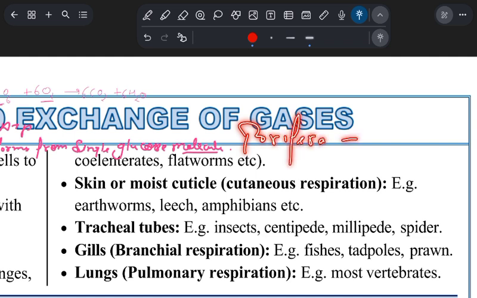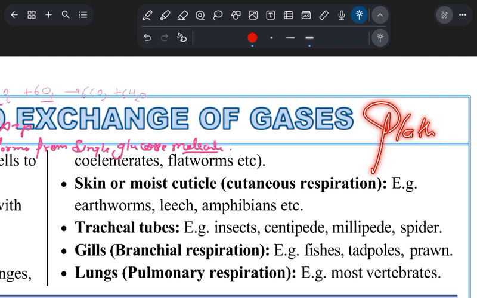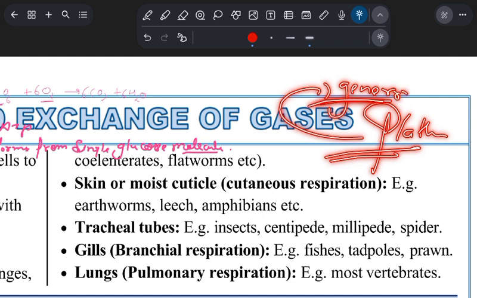I am also revising, I am also a NEET aspirant. From porifera to platyhelminthes, they all have what? General body surface. They respire through general body surface.